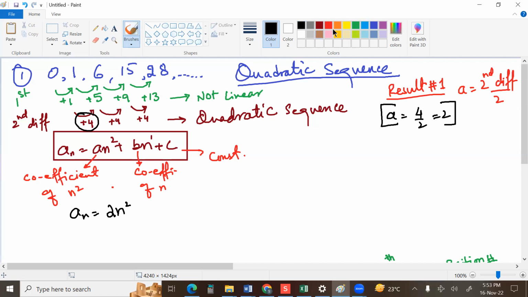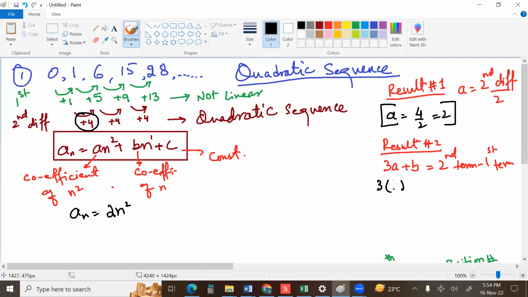For B, our result number 2 is to be used. The result number 2 says 3A plus B is equal to second term minus first term. 3A.